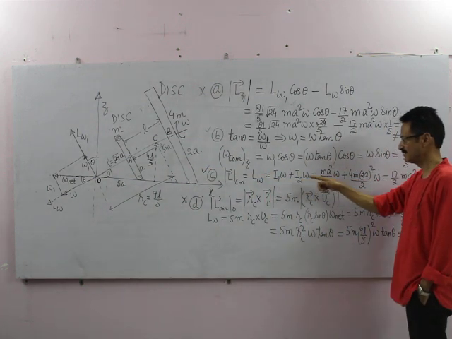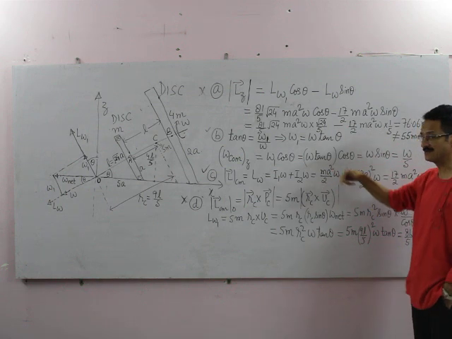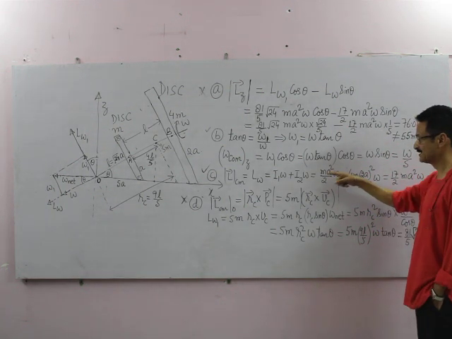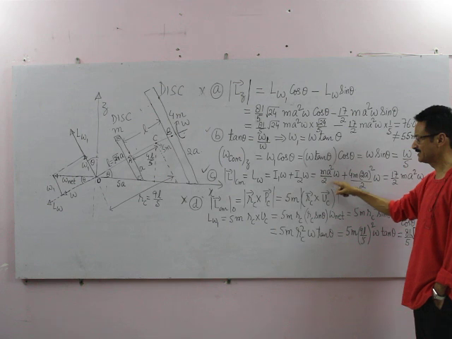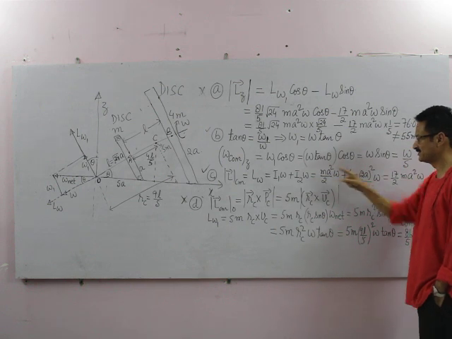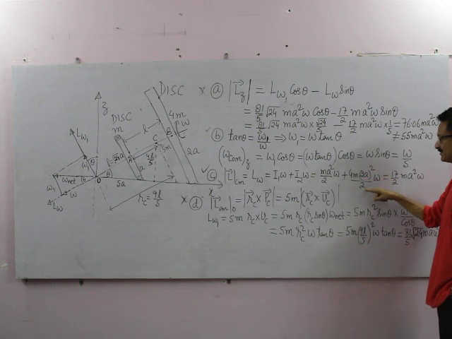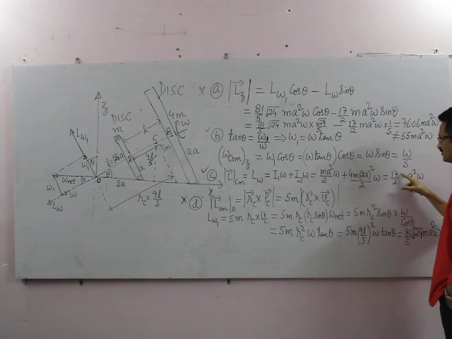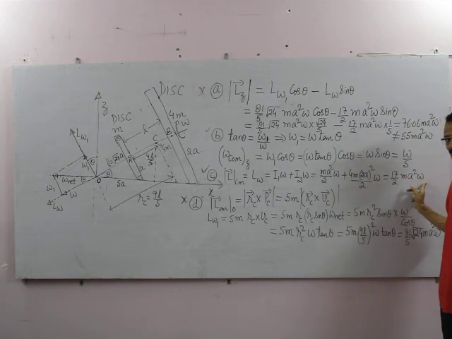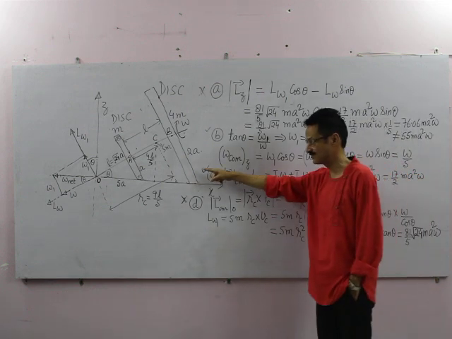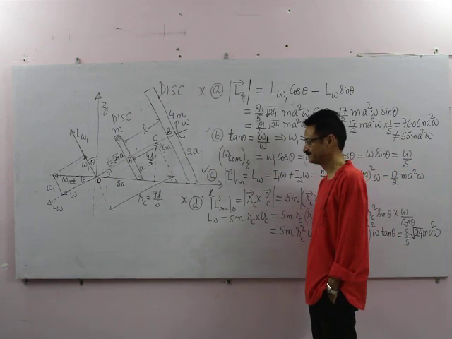I1 is, for a disk, mr square by 2. So I1 will be ma square by 2, and I2 will be 4m into 2a square by 2 into omega. If you calculate this, then it turns out to be 17 by 2 ma square omega, which indeed is the correct option. So this is also correct.